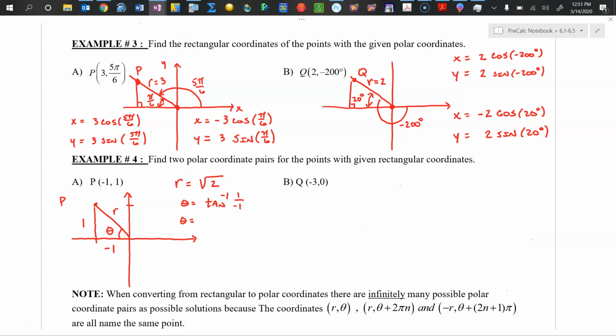The inverse tangent in particular is going to give me an answer of negative pi over 4 in this case, so I have to think about the situation and add pi to that. So once we add pi to that, or 4 pi over 4 to that, we get our directed angle of 3 pi over 4.